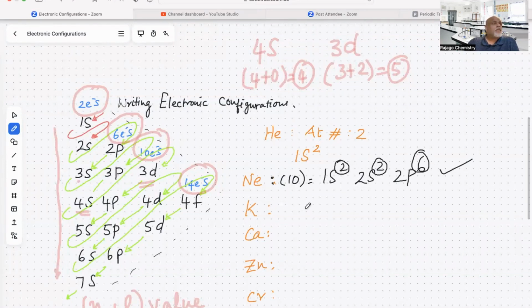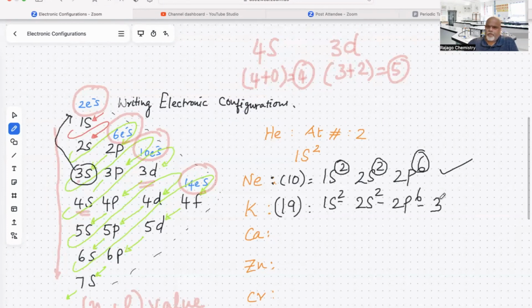If you look at potassium, atomic number is 19. 1s2, 2s2, 2p6. So I have done 2 plus 2 plus 6, which is 10. And then the next 2 electrons are going to 3s2, and then I have 3p6.